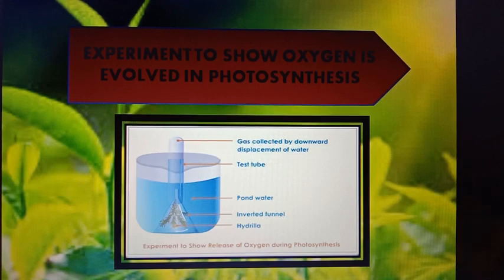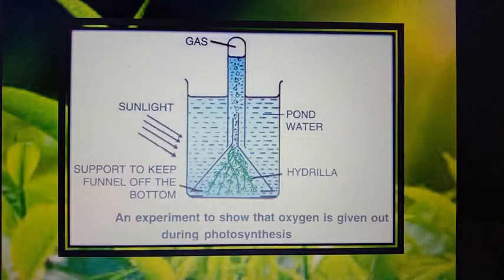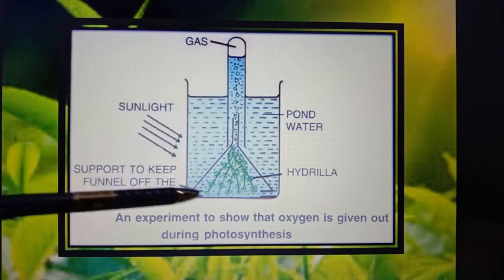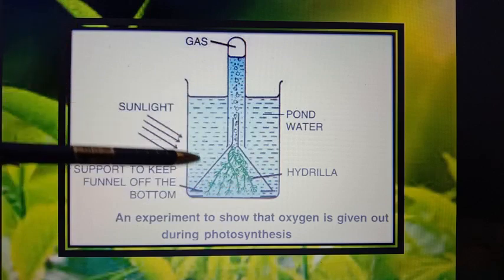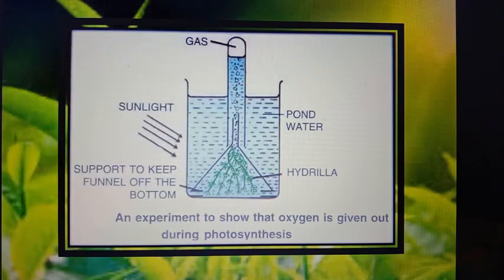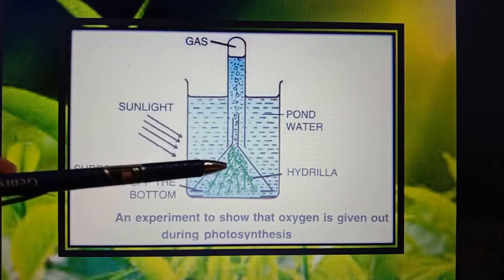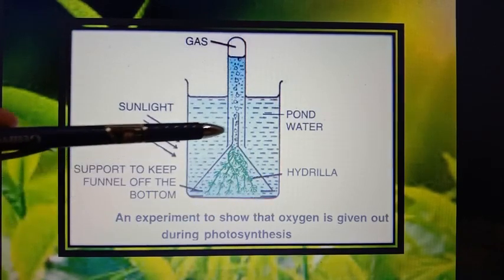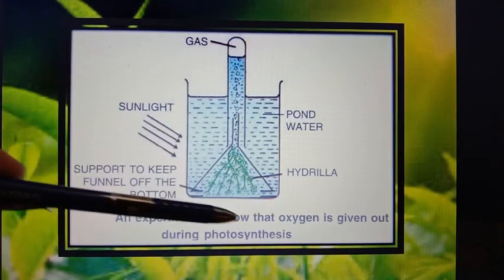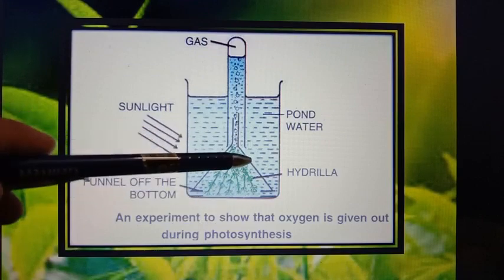So what are the steps of this experiment? First, you have to take a glass beaker and fill it with water. After that, you have to keep some twig of Hydrilla plants at the bottom of the glass beaker.